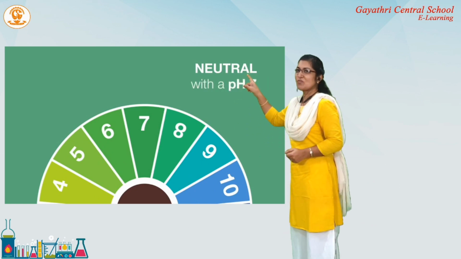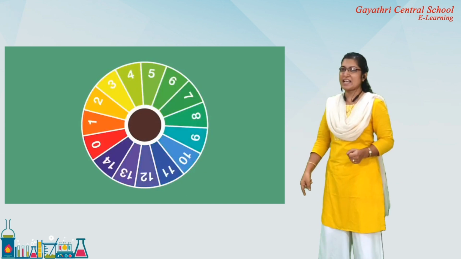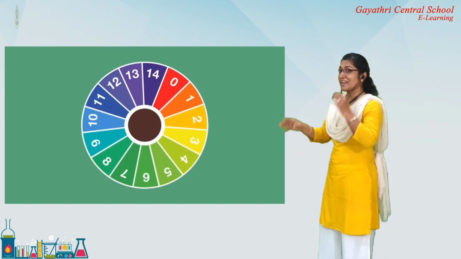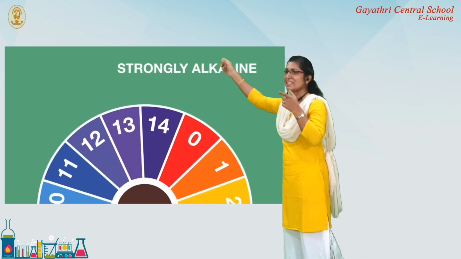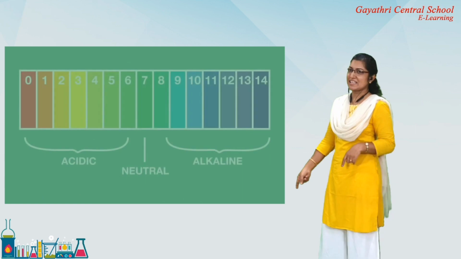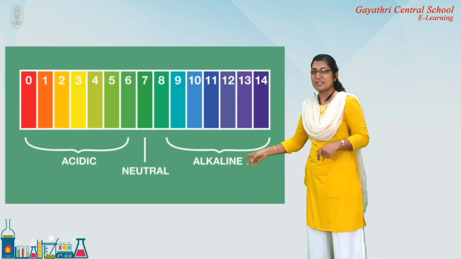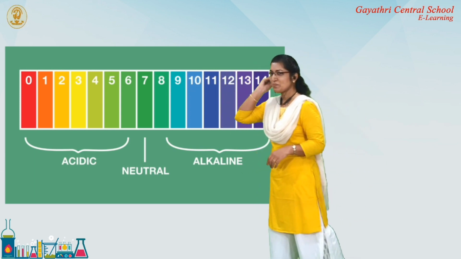And what is the color there? Color green. Yes, neutral has a green color. Now, if the pH ranges 12, 13, 14, then what is it? Strongly alkaline. Yes, it will be strongly alkaline. So that is about the pH indicator, isn't it? In the pH indicator, we have a scale from 0 to 14.